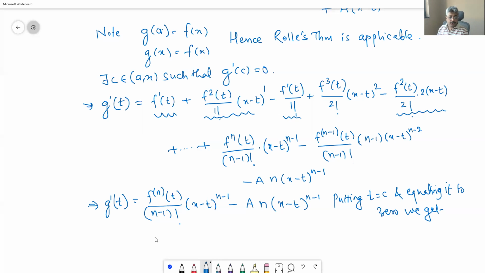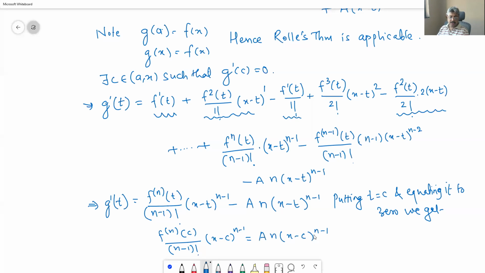So let us write down f nth derivative evaluated at c upon n minus 1 factorial into x minus c raised to n minus 1 is equal to a n x minus c raised to n minus 1.